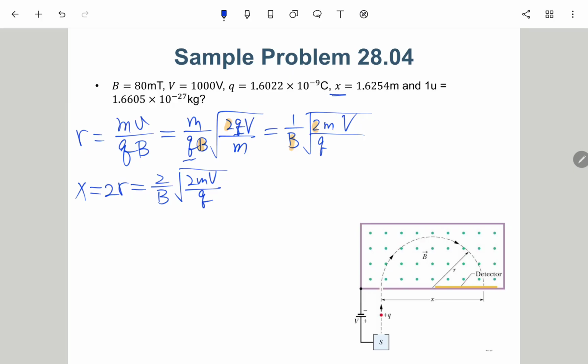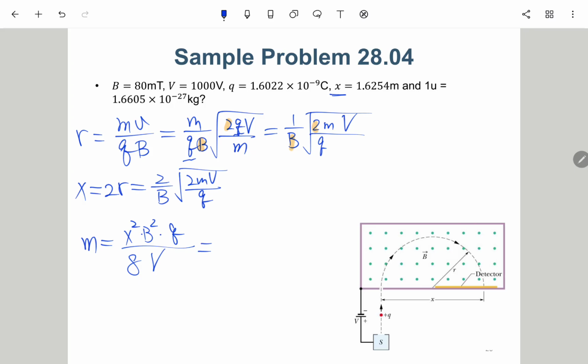And then finally we can solve for m. By squaring both sides and moving the terms, it is actually x squared times B squared times q over 8V. This is just some algebra.